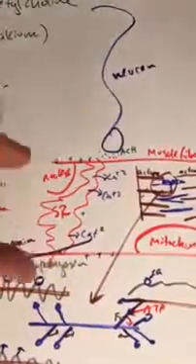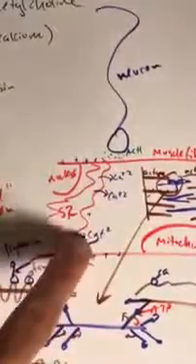The membrane of the muscle fiber is no longer charged to tell it to release, so it starts taking its calcium back.